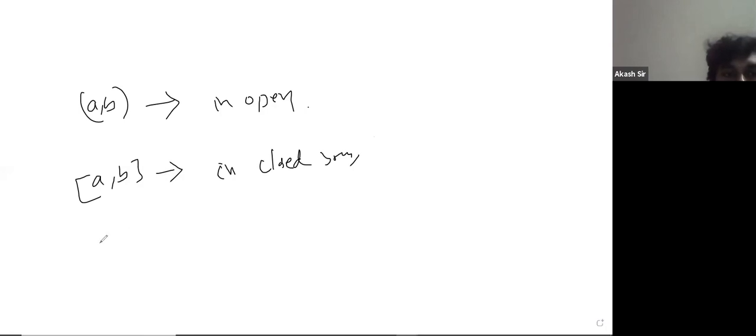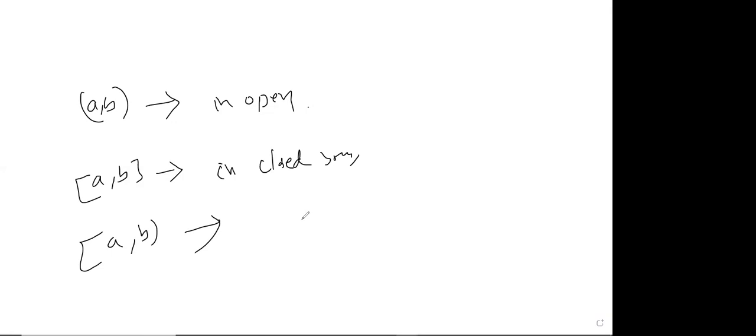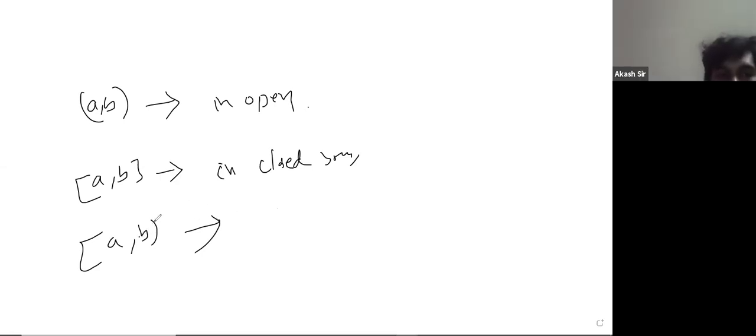Okay, semi-open, semi-half. Let's see. Can anyone give me an idea what this will be about? Sir, the A will be included, but after B, all numbers are infinite. B is also not included, right?